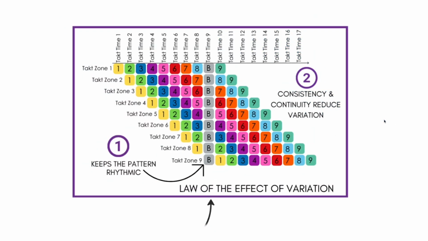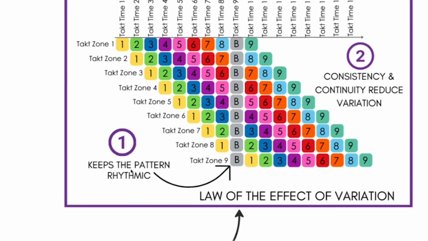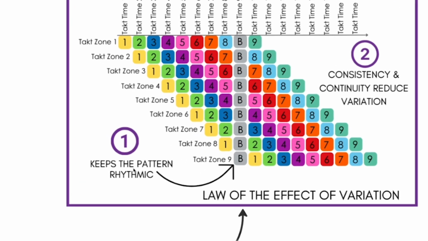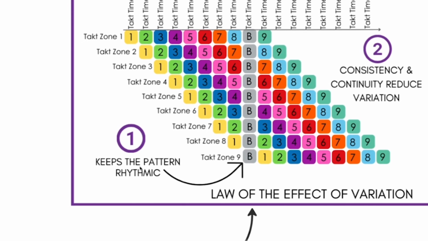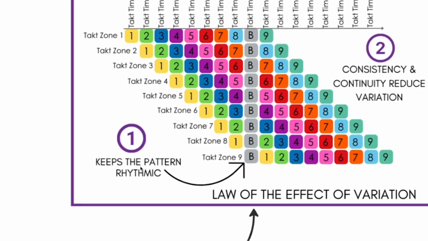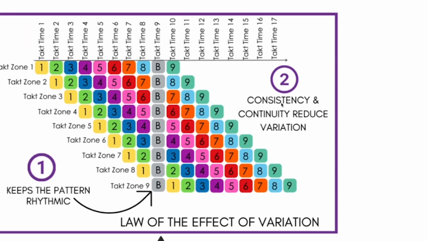And it's possible because of a couple of production laws. The law of the effect of variation states that you will go faster if you keep on a rhythm and keep consistency, and that project timelines extend if there's more variation in the system. And so the Takt Production System is great at keeping the pattern rhythmic and maintaining consistency and continuity to reduce variation.